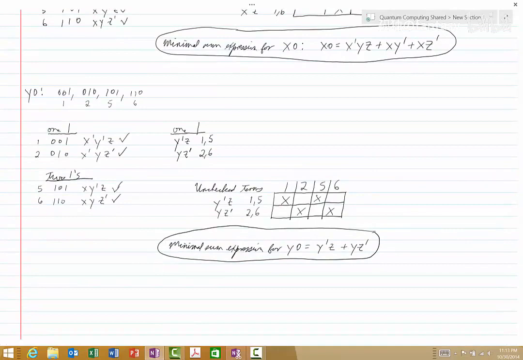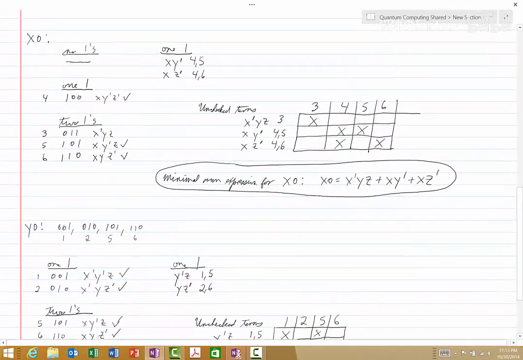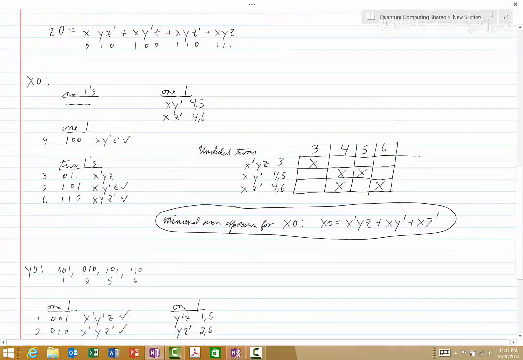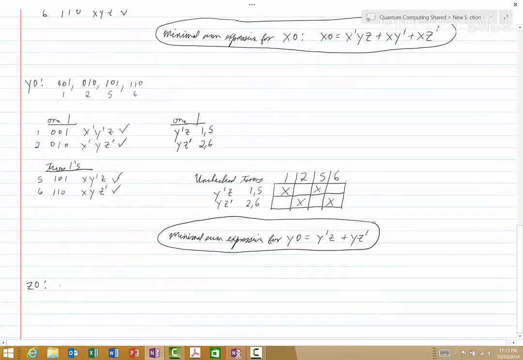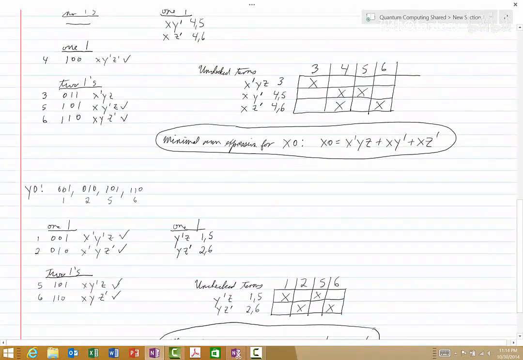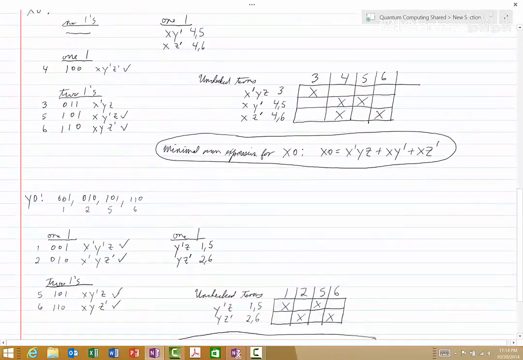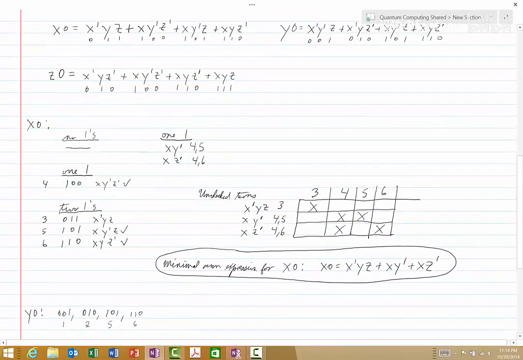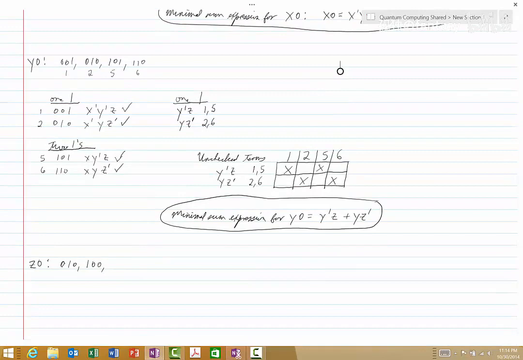And so now we're down to the last one, ZO. And for ZO, we have 0, 1, 0, 1, 0, 0, 1, 1, 0, and 1, 1, 1.